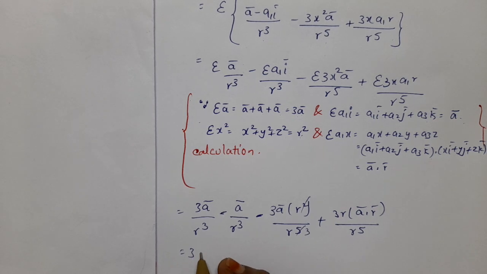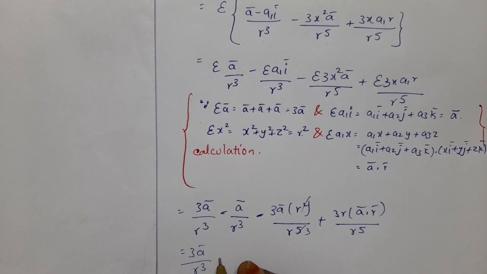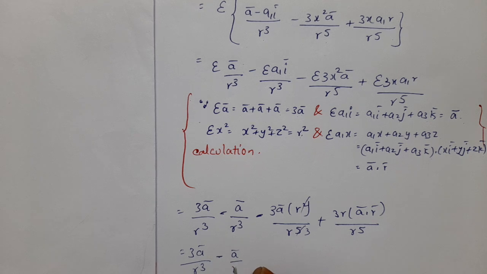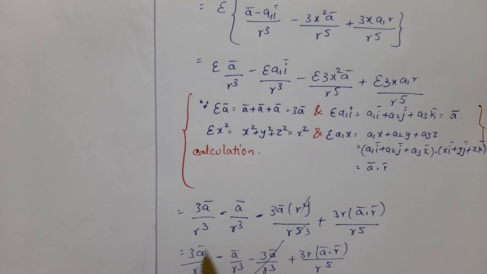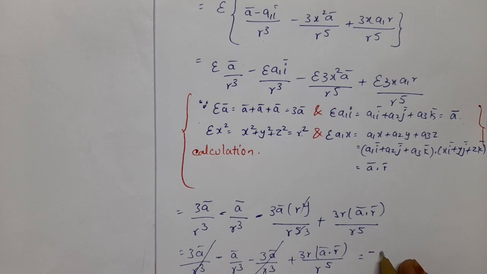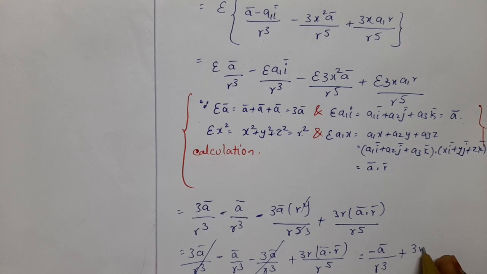So 3a bar by r cube minus a bar by r cube minus 3a bar by r cube plus 3 a bar dot r bar by r power 5. 3a bar by r cube minus 3a bar by r cube can be cancelled. Then we get minus a bar by r cube plus 3 r bar.